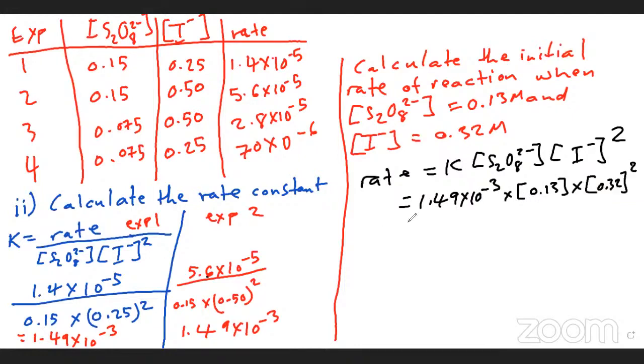Somebody can just work this quickly. That gives 1.98 times 10 to the minus 5. Again, the unit for rates will always work out to be moles per dm cubed per second.